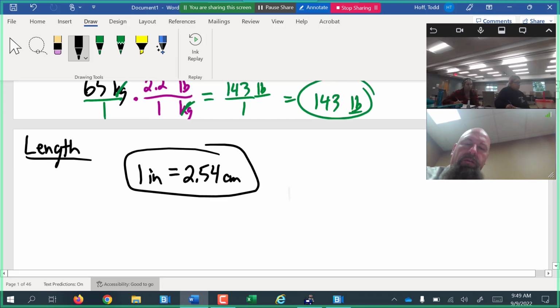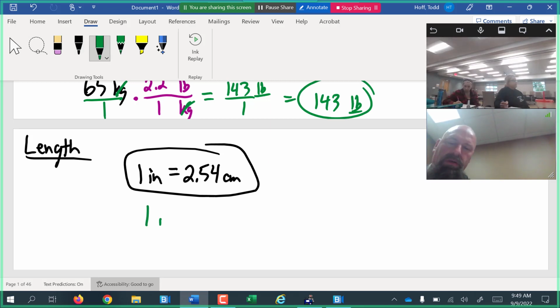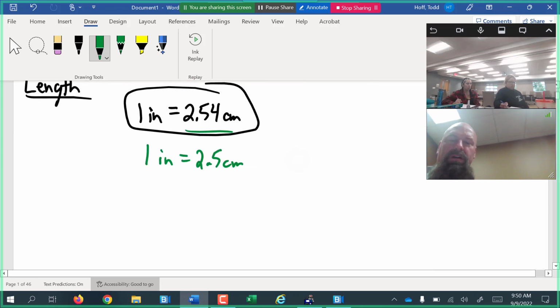For the stuff you guys are doing, however, it's extra decimal places that we don't need to work with. So what gets used is 1 inch equals 2.5 centimeters. Mainly because if you're doing a quick calculation by hand, that's a much easier conversion to do in a quick calculation. Otherwise, to use the 2.54, you really have to use the calculator to make that work.